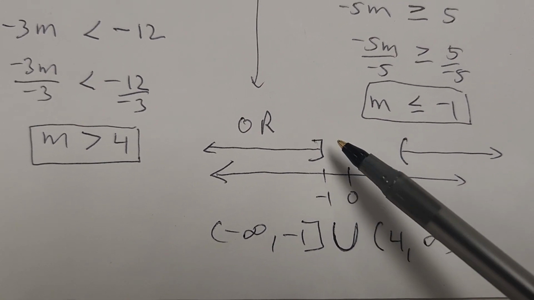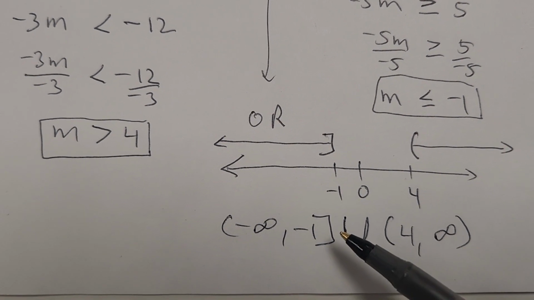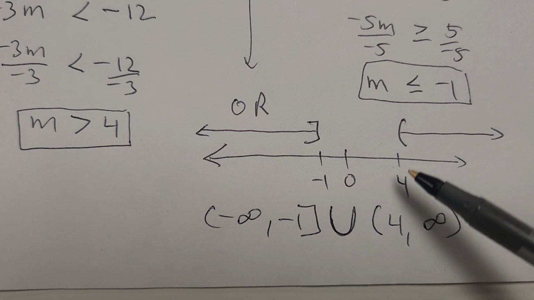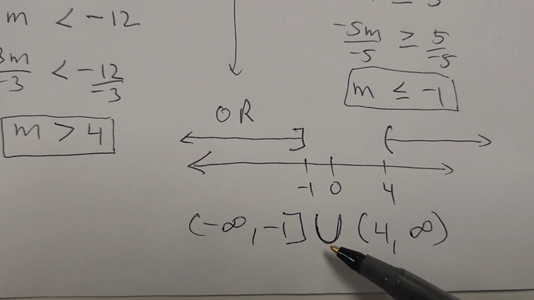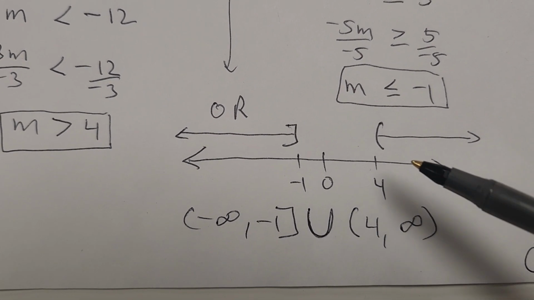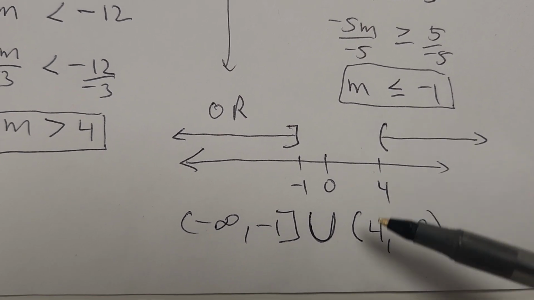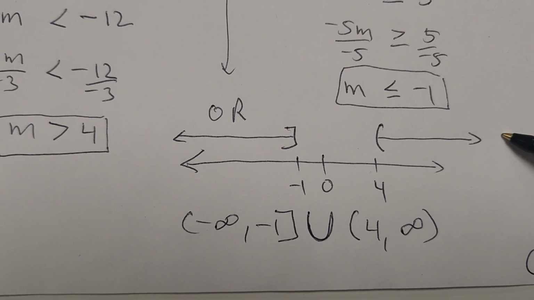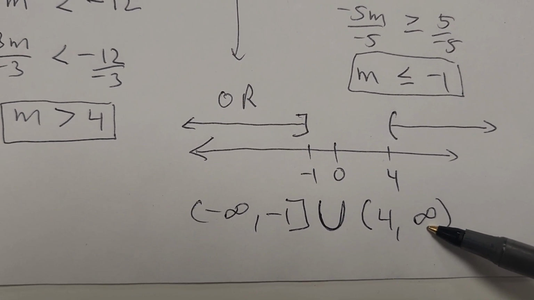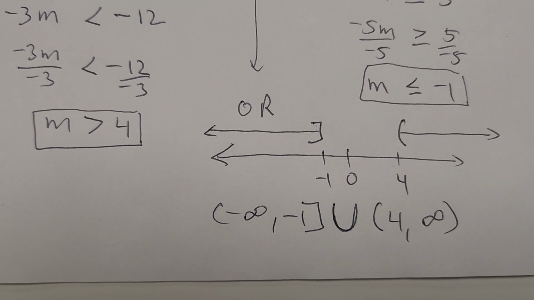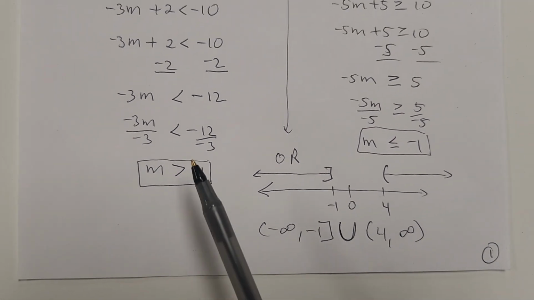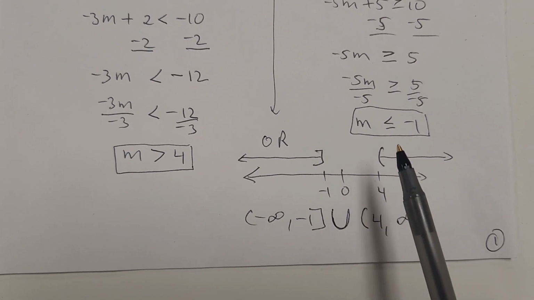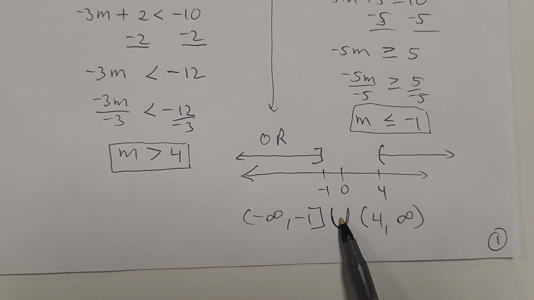Next, you have negative 1 with a bracket, and there's a gap between negative 1 and 4, so this gap represents the letter U. Next, I have 4 with parentheses, 4 parentheses followed by a comma. This arrow is the infinity, and then parentheses. So this answer on the left and the right is this graph, and this graph is this interval notation.